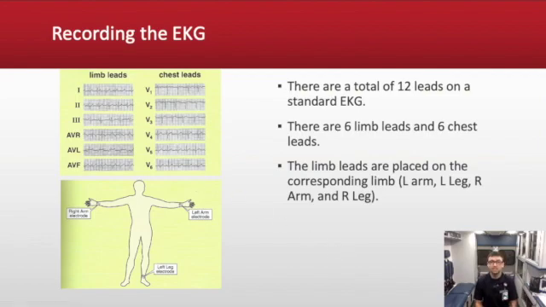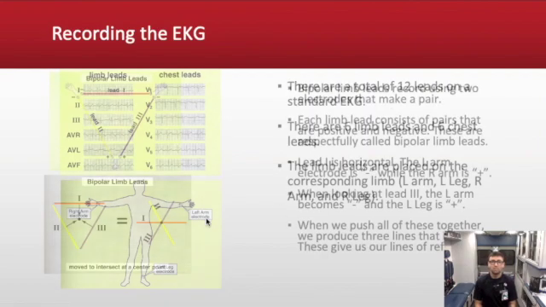So if you have a chance to actually look at EKG cords, you're going to see LL, LA, RA, RL, and those represent right arm, left arm, right leg, left leg. So we're placing these actual limb leads on those limbs.